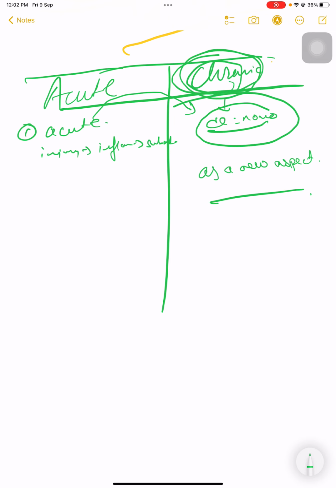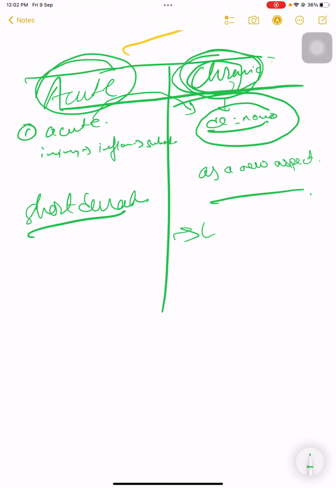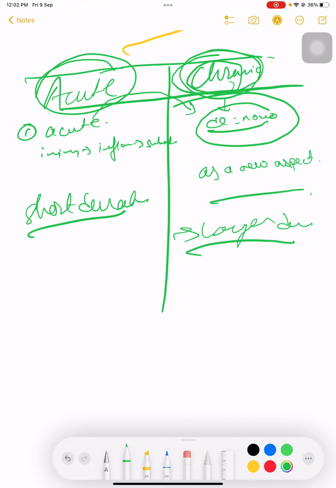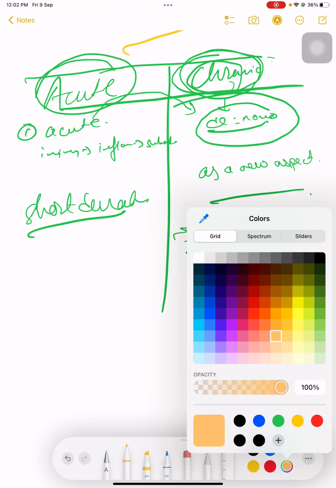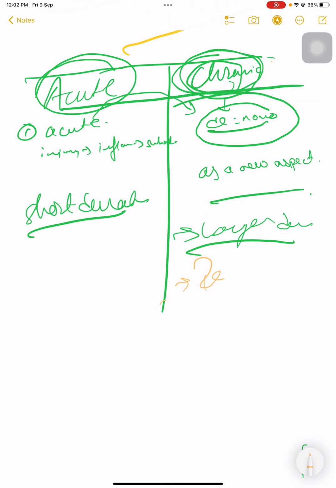Are you getting this point? Now remember that acute inflammation is for short duration, and chronic inflammation is for longer duration. Always following chronic inflammation, there is something which is known as repair.